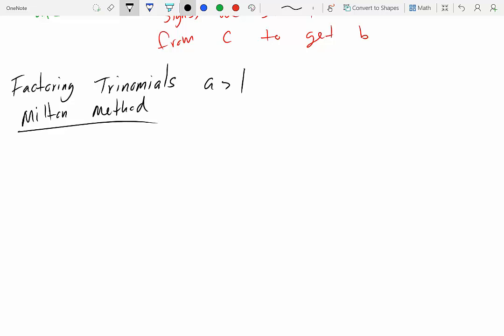So the Milton method. There are 6 steps. The steps do get easier the more you do it, and we have plenty of examples to go over. So our first step, just like before, we want to determine the signs.